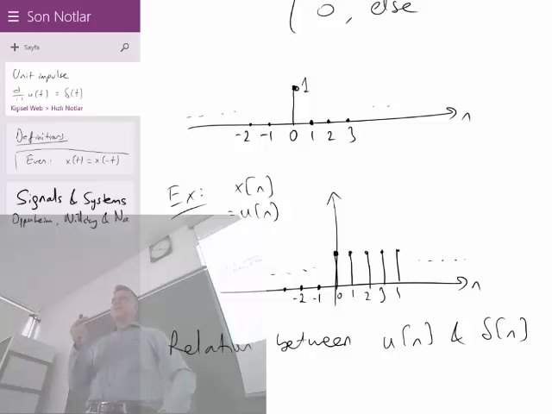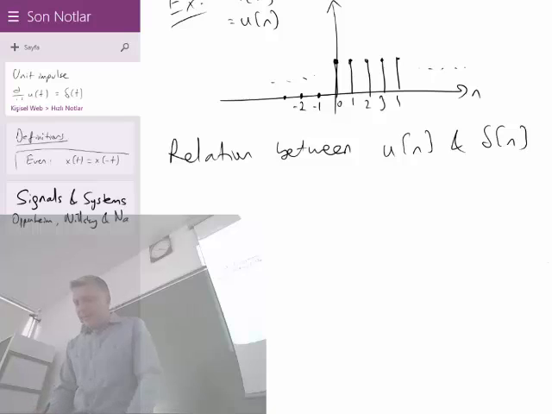What was the relation in continuous time? The top one, the impulse, was the derivative of the bottom one. And the bottom was the integral of the top one. What does derivative and integral correspond to in discrete time? A derivative is a difference, and the integral is a summation in discrete time.